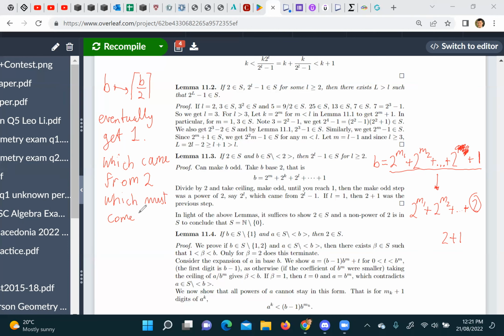We're saying generally 2 to the n must come from 2 to the n plus 1 or 2 to the n plus 1 minus 1. And obviously, if we are doing minus 1, then we are done. But if it's 2 to the n plus 1, we can continue the process with the same reasoning.